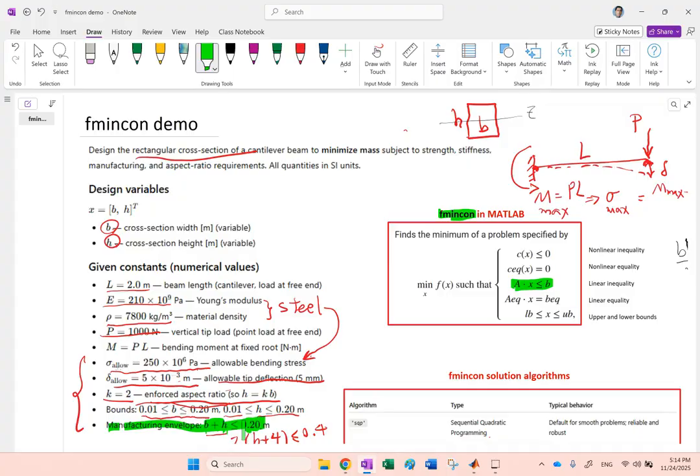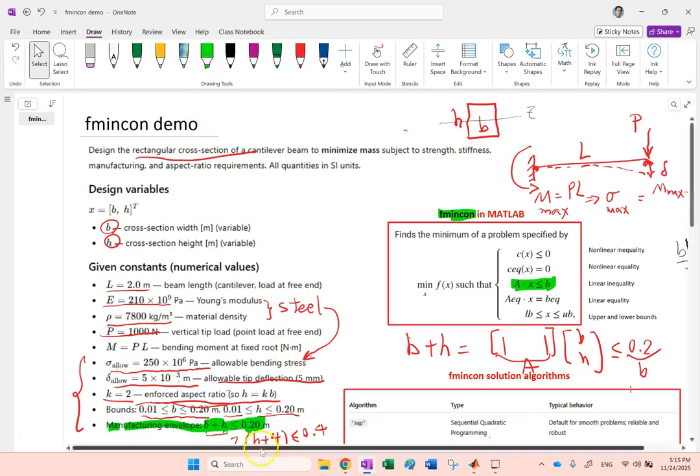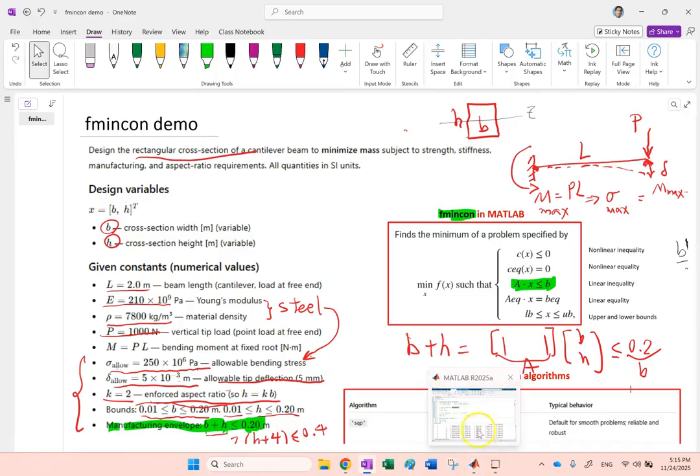So this 0.2 is your B, and you have to write the left-hand side, which is B plus H, as a matrix times vector X. And vector X in this case is the vector of the unknowns, which is B and H. So the only way to write it is a 1, 1 times B and H is less than 0.2. So you see this is your A, and this is your B. So that's how you got these vectors in the MATLAB code.